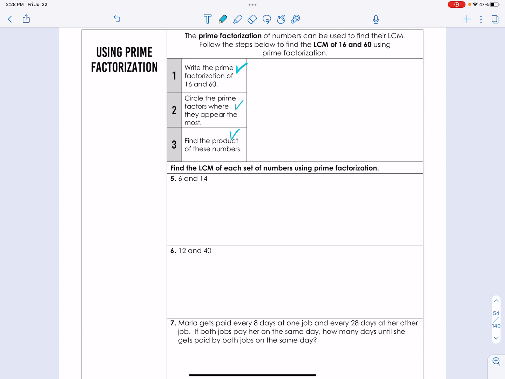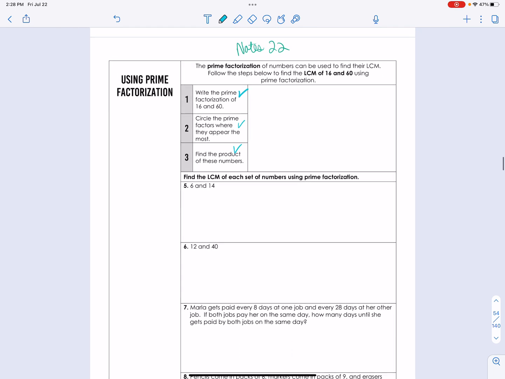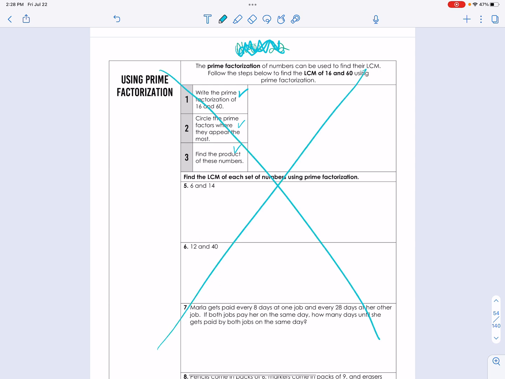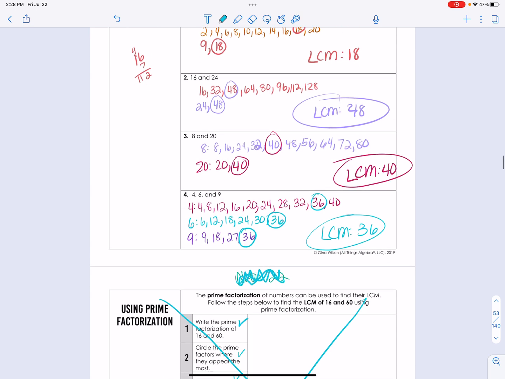You know what? I think the list is way easier than doing these. So, you aren't even going to have this in your notes. I'm getting rid of it now. I think this is going to be too confusing. The list is way easier. I would just do the list. We've already done the list.